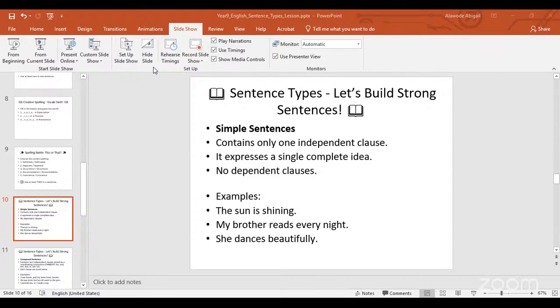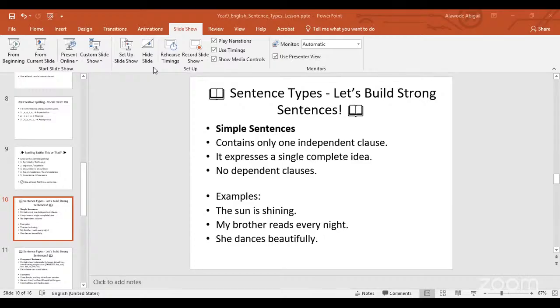Now, let me first talk to you about what clauses are. Clauses are any part of a sentence that can stand on its own, right?